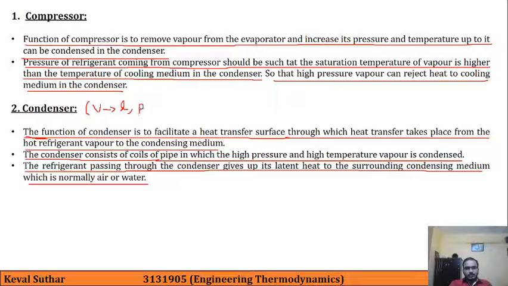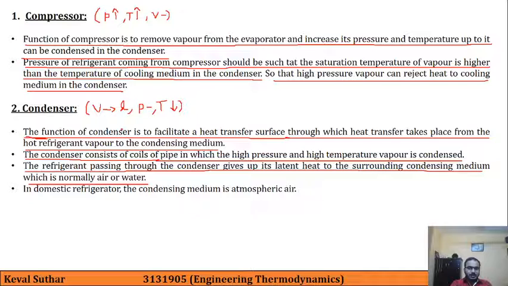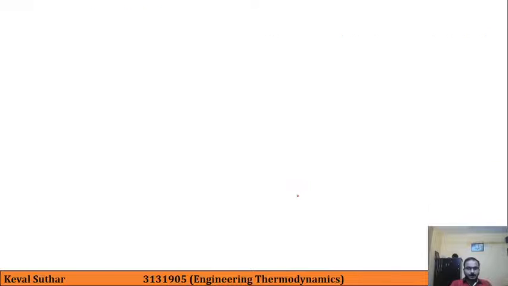The pressure remains same, temperature gets decreased. Here in compressor, pressure is increased, temperature is increased, and it remains vapor. Our next, so in domestic refrigerator, the condensing medium is atmospheric air.